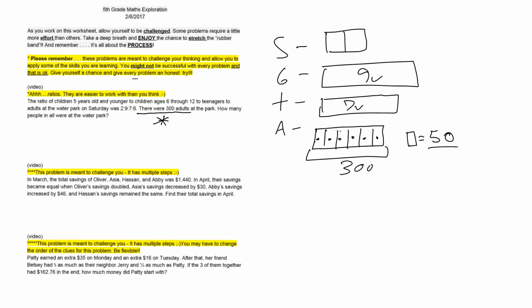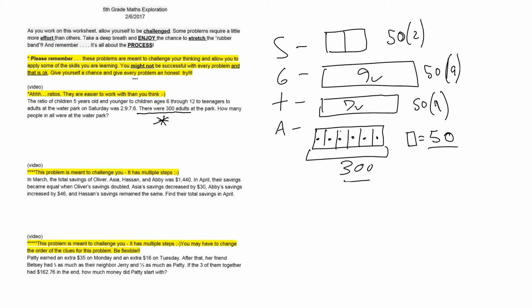Well, up here I know that I have 50 times 2 units. Here I have 50 times 9 units, 50 times 7, and down here I still have, of course, my 300.